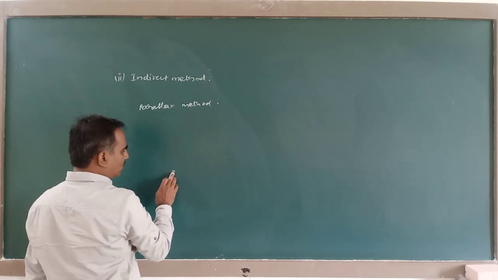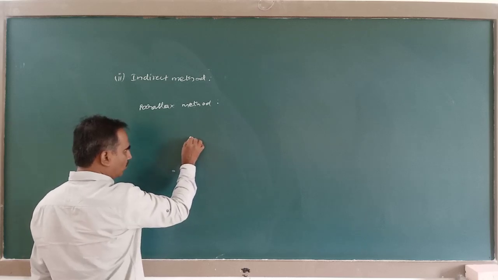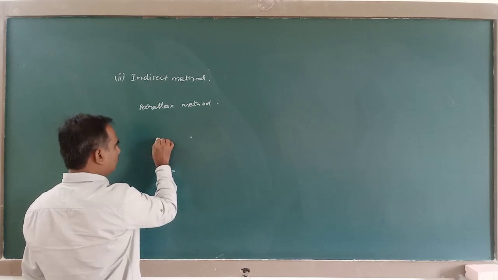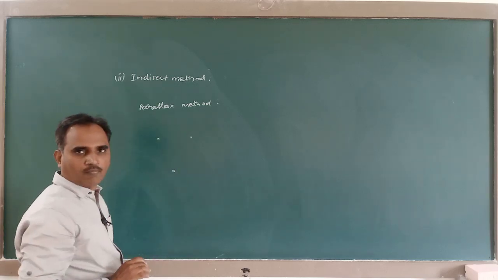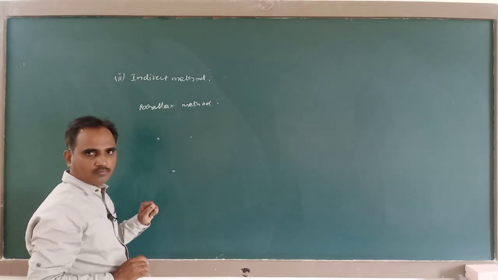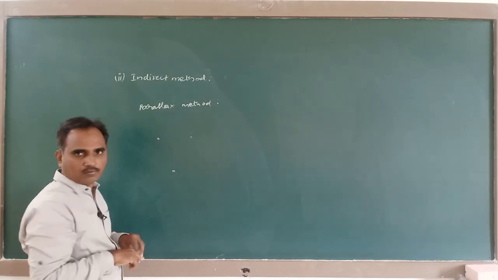This is the position of the object with this background, and this is the position of object with this background. That means when you look at this object in this direction, this becomes the background. When I look at this object from this direction, this becomes the background.